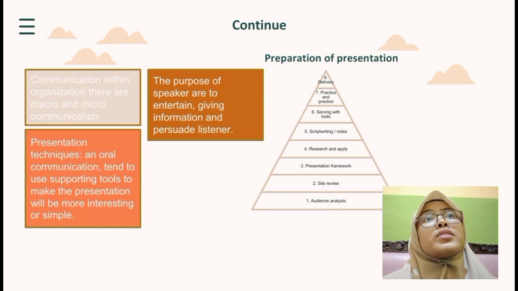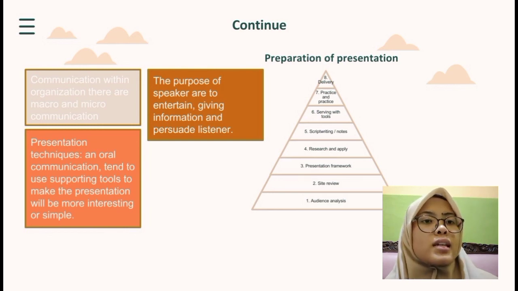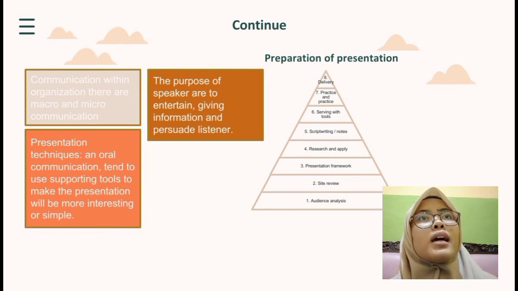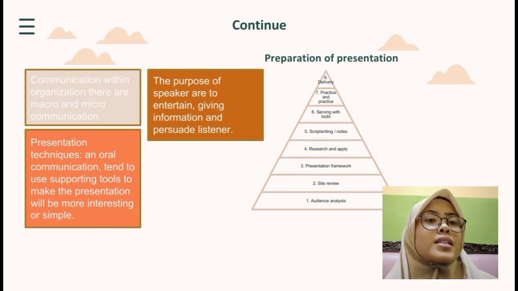Now let's move on to a pyramid. This pyramid is talking about preparation of presentation, such as audience analysis, site review, presentation framework, research and play, script writing or notes, surveying with tools, practice, and the last one is delivery.